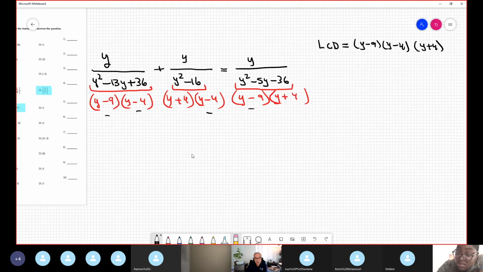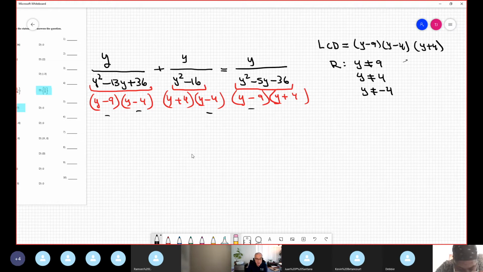This is my LCD, that I am using to multiply everything. Now the restriction: be aware, y is not 9, not 4, and not negative 4. Any value equal to these is completely illegal, a restriction.